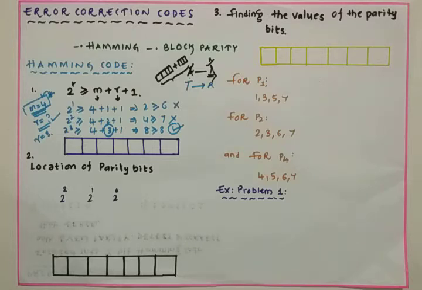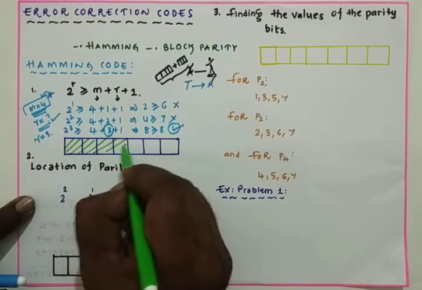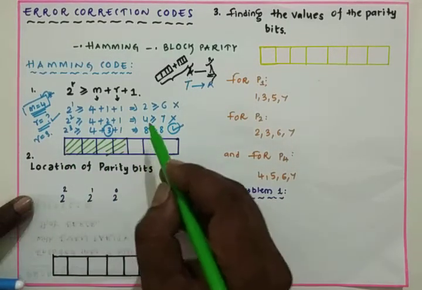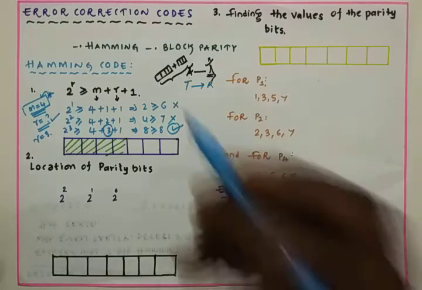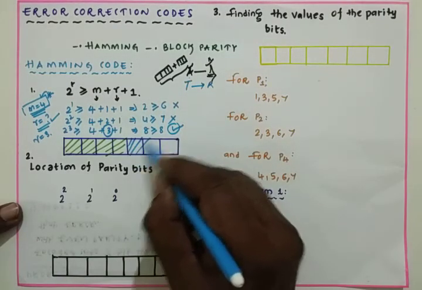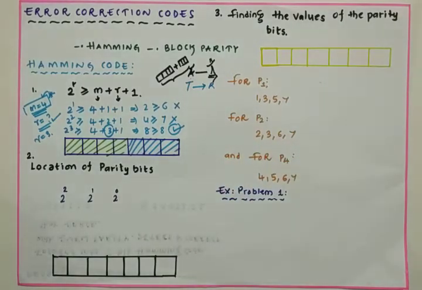Here the data is how many bits? The data is 4 bits. That means 4 are the data bits, and 3 are the parity bits. But the question is, in these bits, where do we add the parity bits?